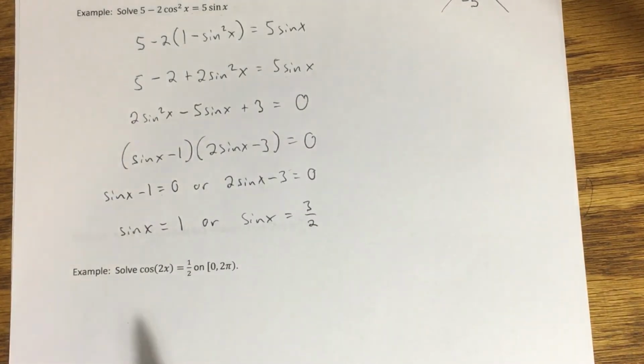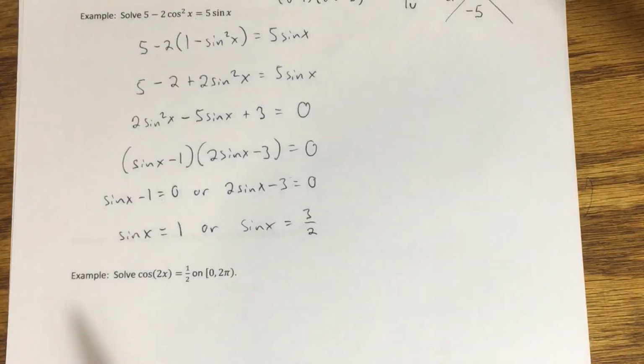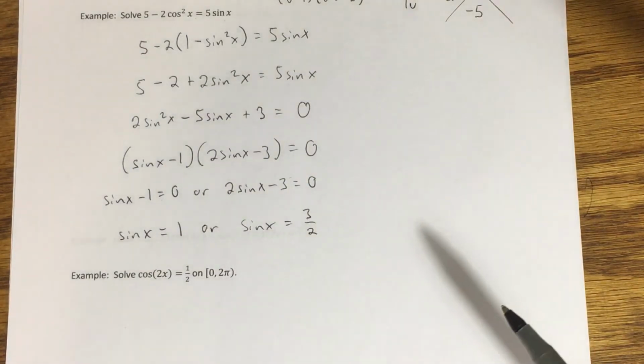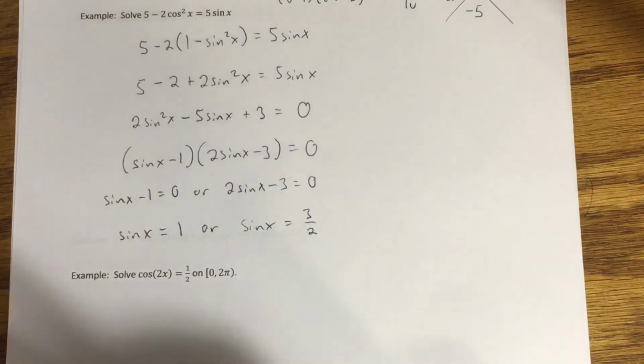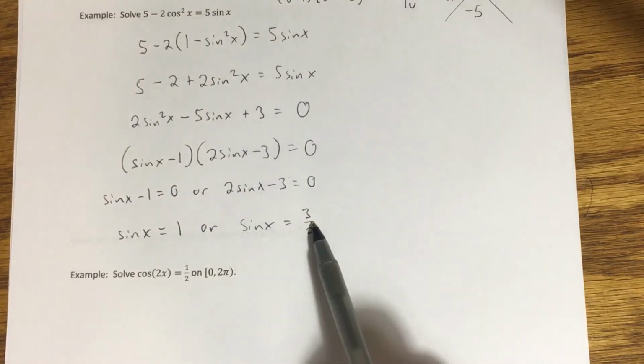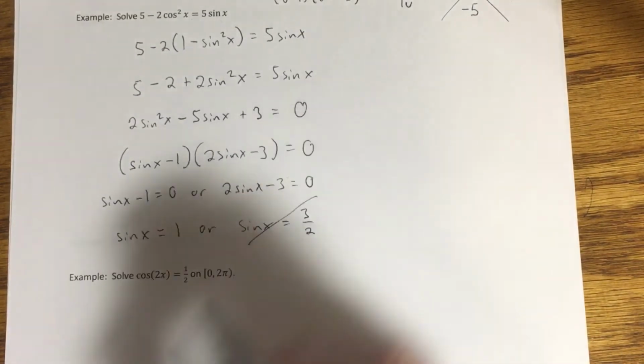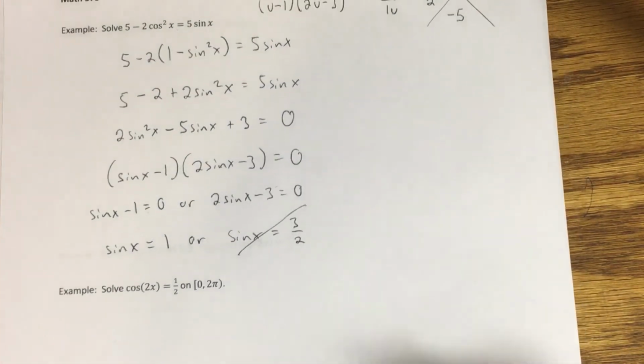And how do we know that? The range of the sine function, again, is the closed interval from -1 to +1, meaning sine can only ever give me outputs that are between -1 and +1 or equal to -1 and +1. Never greater than 1. 3/2 is a number that's greater than 1, so this would never end up with any solution. I can just discard that because it gives me no solutions.